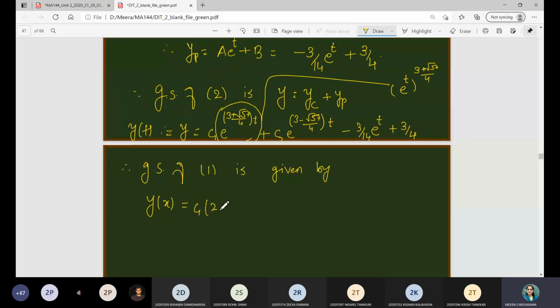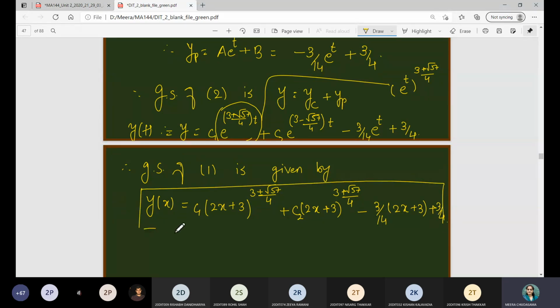So it is c1 (2x plus 3) raised to (3 plus square root of 57)/4 plus c2 (2x plus 3) raised to (3 minus square root of 57)/4 minus 3 by 14 (2x plus 3) plus 3 by 4. So this is your final answer. मैम, C2 वाली टर्म में 3 minus square root 57. Yes, yes, yes, yes.